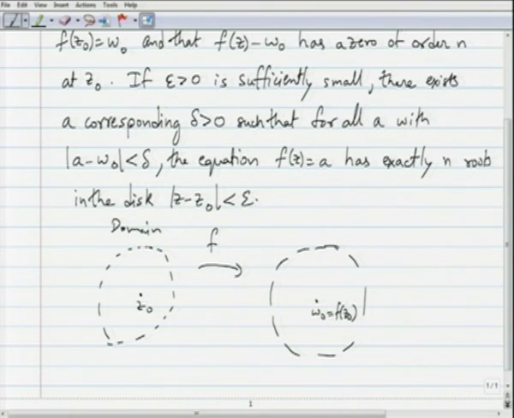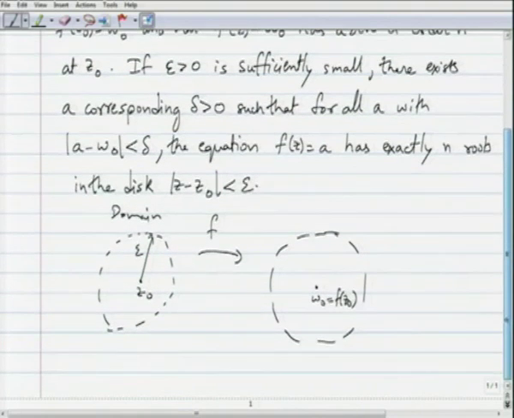Now, if this epsilon is sufficiently small, and the zero of f of z minus w naught is of order n, then let us pick an A in this delta neighborhood of w naught.